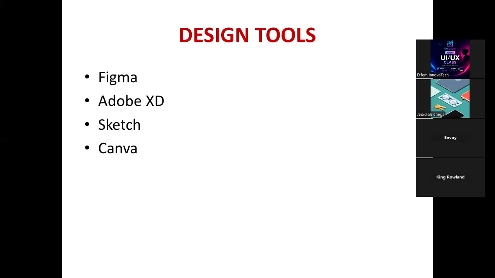Moving forward, we have design tools. We have Figma, we have Adobe XD, we have Sketch, we have Canva. But for the sake of this training, we are going to strictly stick to Figma. And I bet you, if you can navigate through Figma, you can also work through any other product.